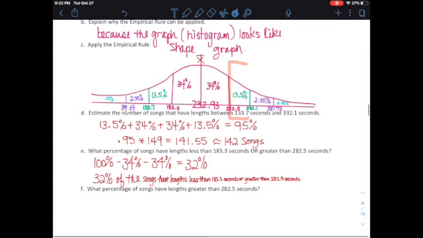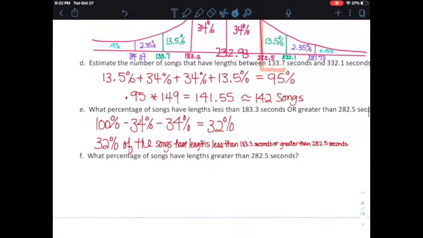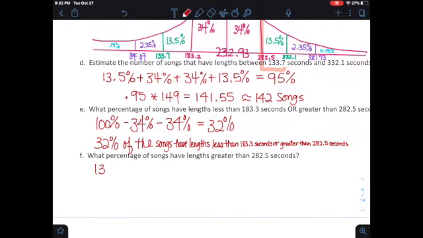So that's going to be 13.5 plus 2.35% plus 0.15%. And that's going to be 16%. So double check. 13.5 plus 2.35 plus 0.15 is 16%.